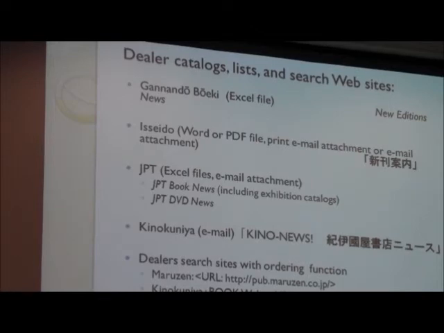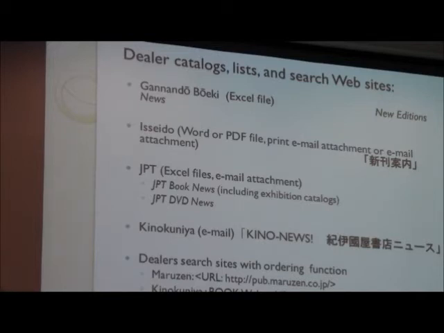JPT also uses an Excel file, and JPT's useful part is that it includes exhibition catalogs. Be careful, because it's a spreadsheet, so there are tabs. The first tab is only books, and the second tab, at the bottom, is exhibition catalogs. My assistant didn't realize this. There was another tab, so he ordered only from the first page and left all the second and third pages.